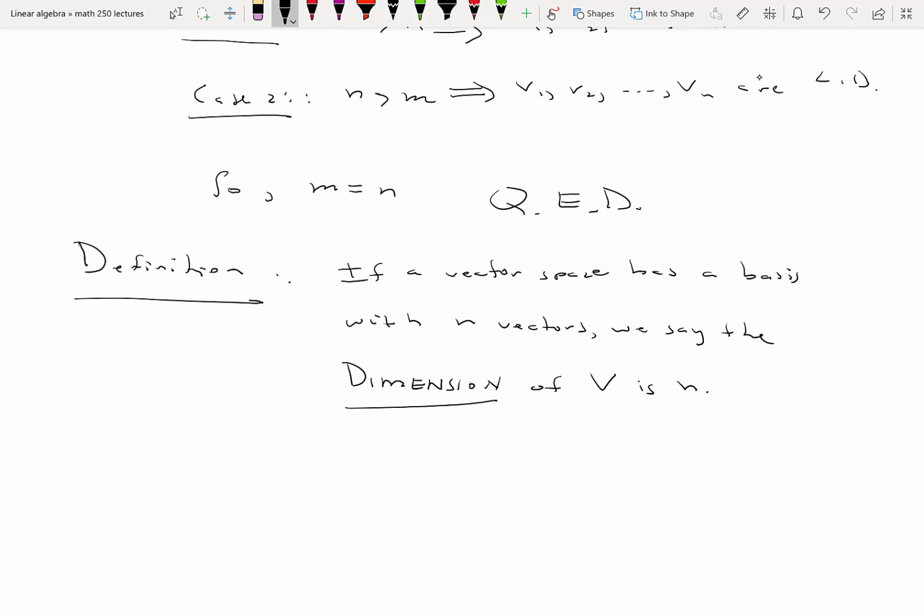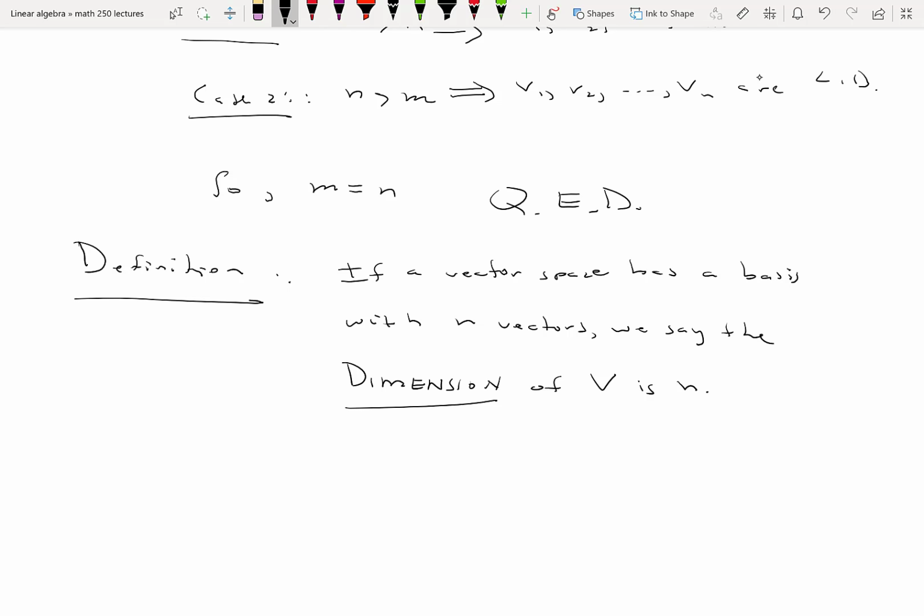Well, this is probably the first time in your life, unless you've studied vector spaces before, where you've had an actual precise definition of a term that we use every day. We talk about 3D, 2D. The D is the dimension. The dimension is the number of vectors in every basis for whatever vector space you're in.